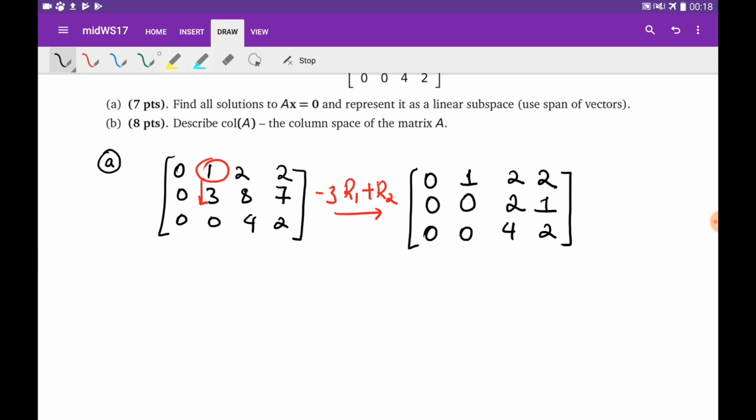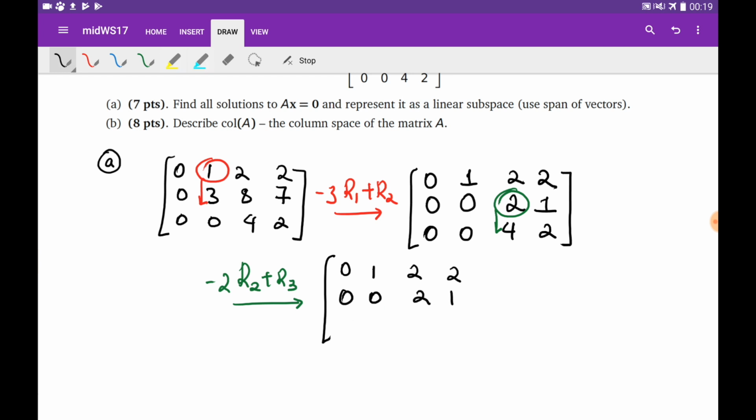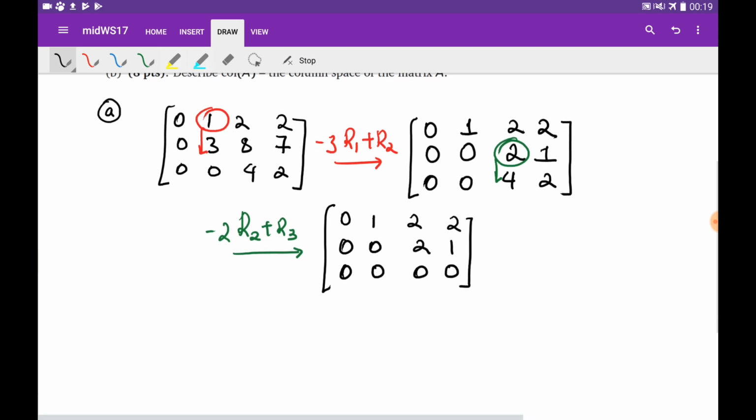We need to choose again the first non-zero entry, and we're going to eliminate all the entries below this. We can do this by multiplying the second row by minus 2 and adding this to the third row. We are going to obtain the matrix 0, 1, 2, 2, 0, 0, 2, 1, 0, 0, 0, 0. So this matrix now is in the reduced row echelon form, or the row echelon form.